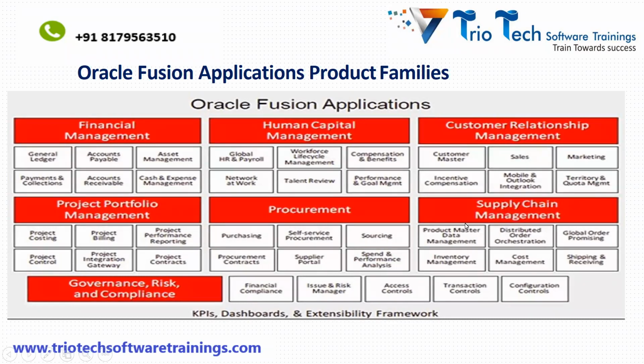And then when it comes to supply chain management, it involves inventory management, cost management, and order management. These are related to order management: order orchestration, global order promising, and shipping and receiving. And further, we also have product data management.